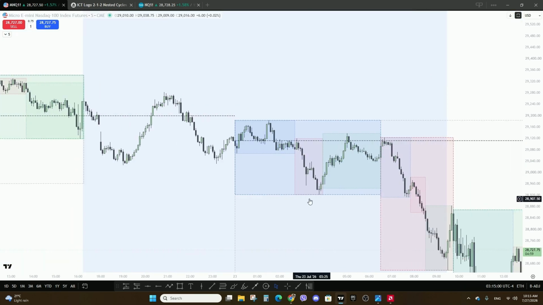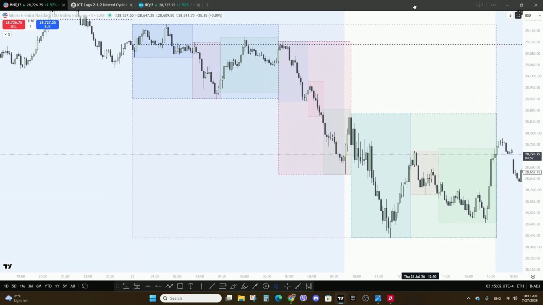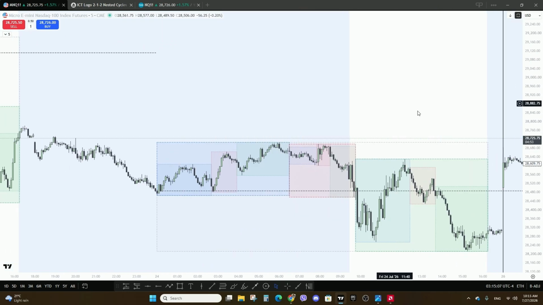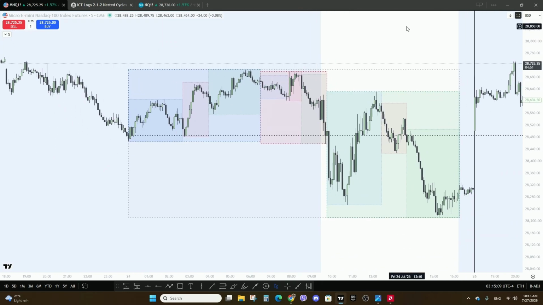So it's fascinating when you start looking at the market through this power of 3 sequence. Okay, it's gonna reveal a lot on the chart for you, and it's gonna give you so much clarity as to what the hell is price doing every single day.